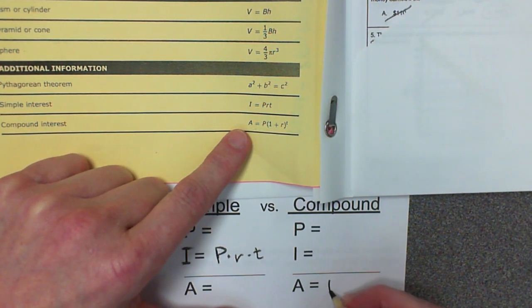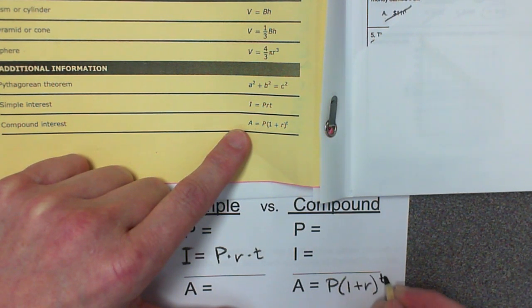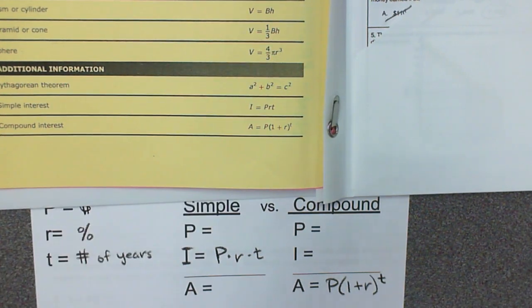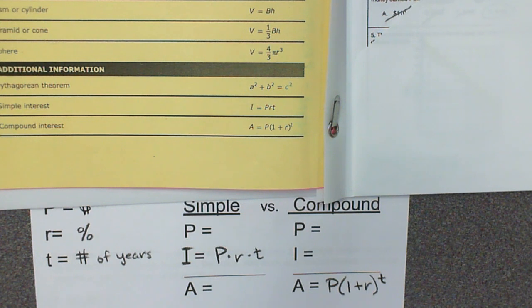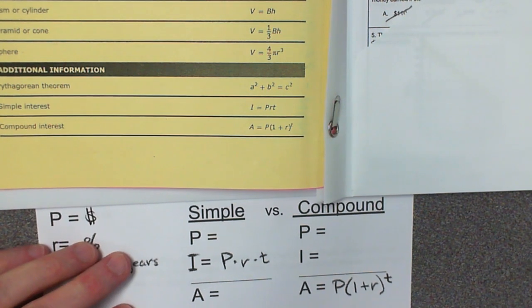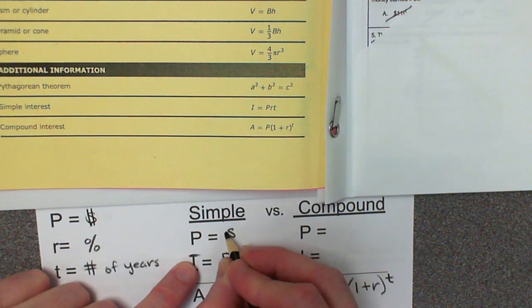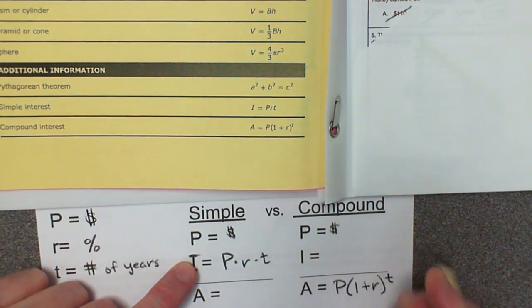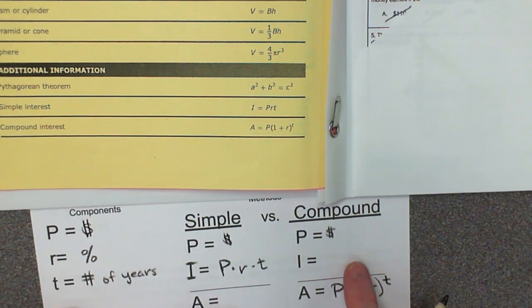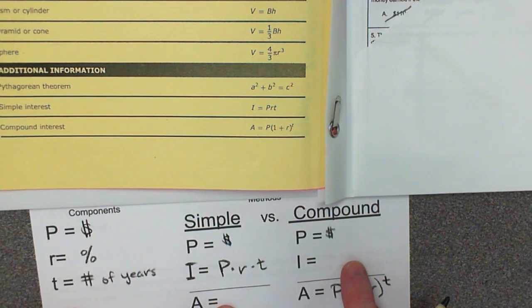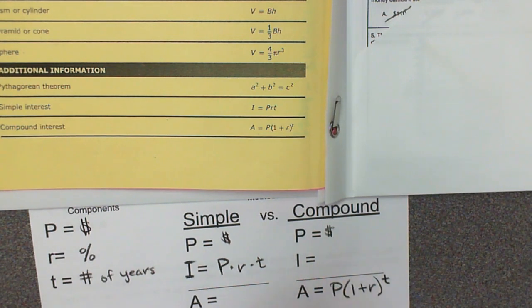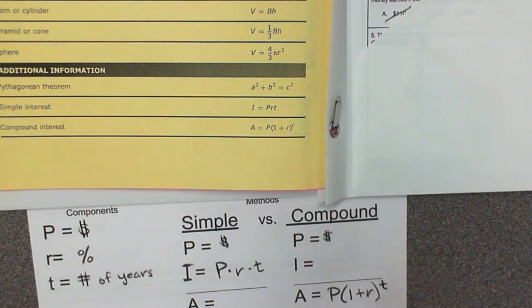So capital P, open parentheses, 1 plus R, close parentheses, to the power of T. And your capital P is still going to be your dollar amount. And you can see that we may have to add and subtract to find A or I, depending on which method we're going to use. We're going to practice that now.